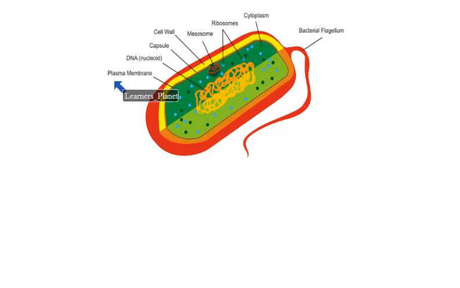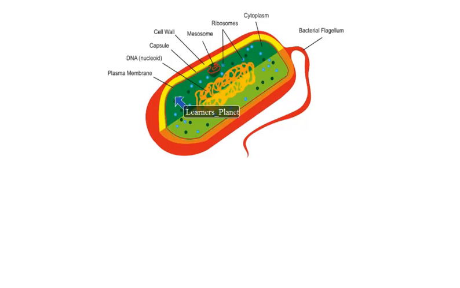Now in this bacteria, or in these unicellular organisms, the plasma membrane towards the inner side, that is towards the cytoplasm, is in the form of invaginations, or we can say it is folded inwards at some regions, and these regions are known as mesosomes.